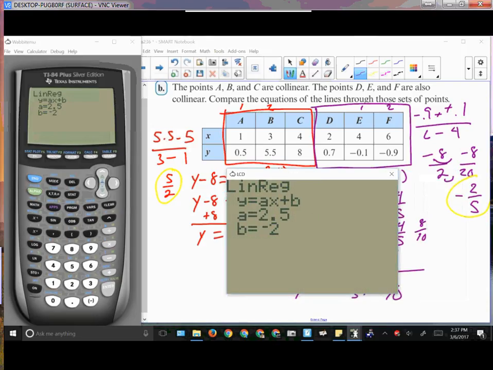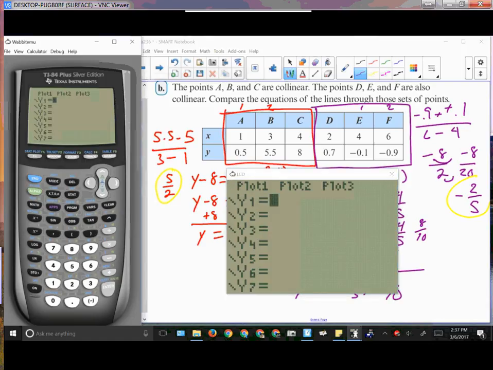Now I said I learned a new trick. I've got it written down on the second whiteboard over there. Rather than having to go through and retype all of this in, you can actually copy it. I knew you could do it, I just hadn't played with it. So press the Y equals key. That's the equation we want, correct? So the instructions are now, hit the vars key.